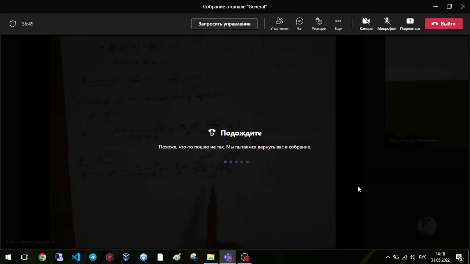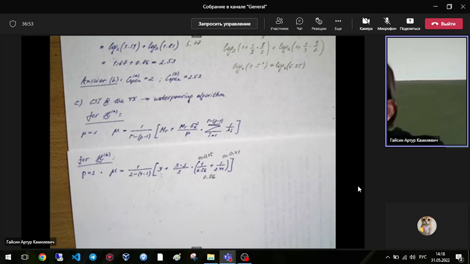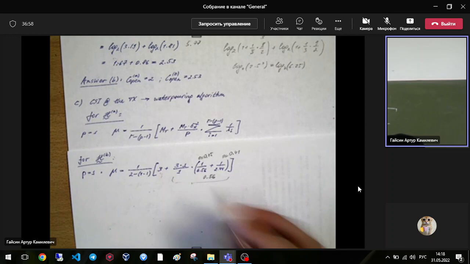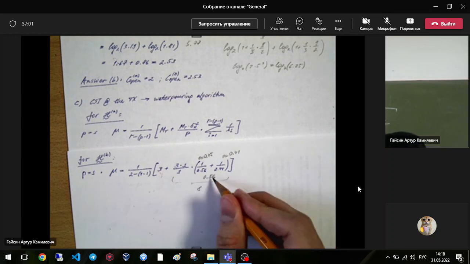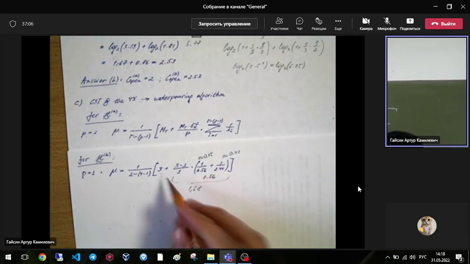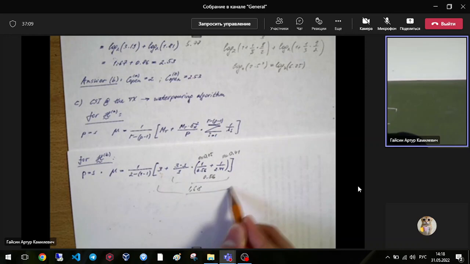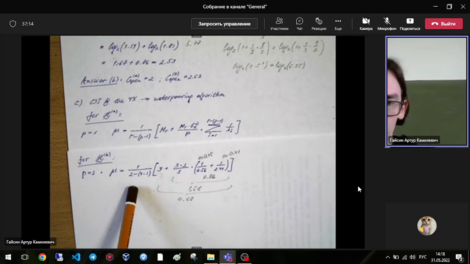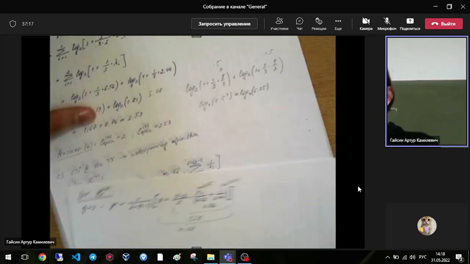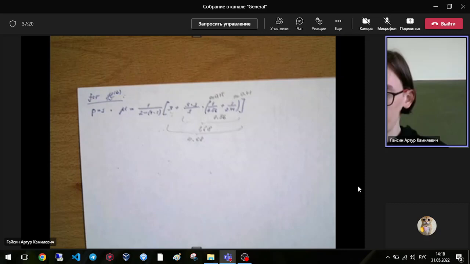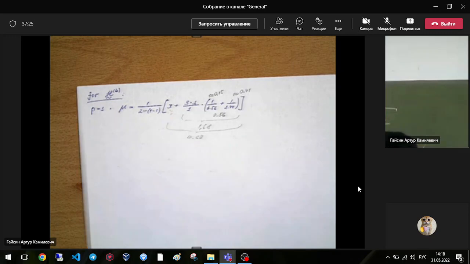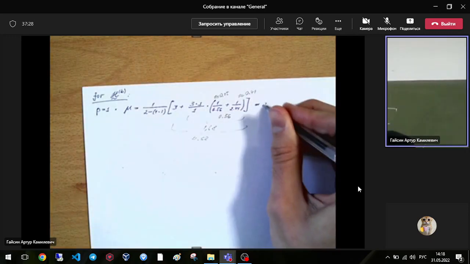And then we need to multiply by 3. So if we multiply it and sum everything, it is 4.68, and then we divide it by 2. So this thing is equal to 2.34.